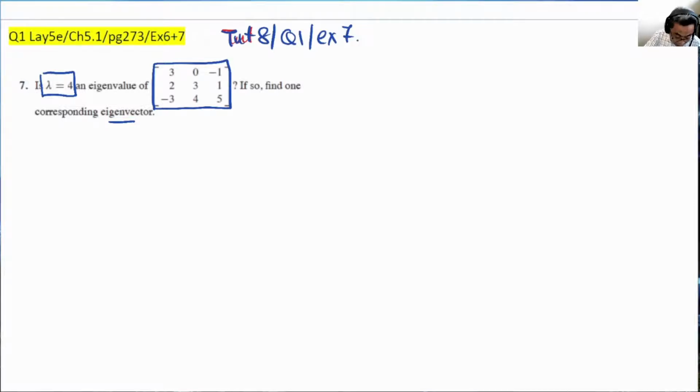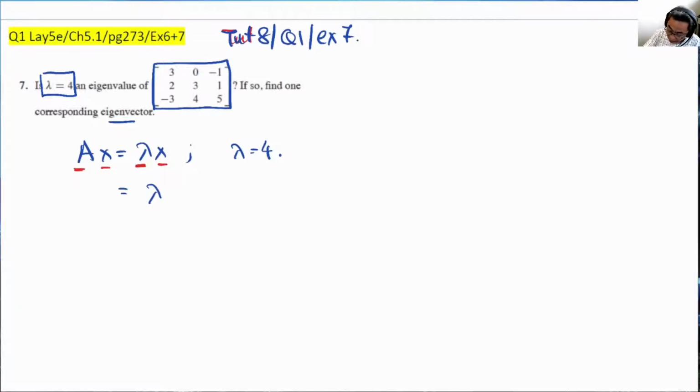We begin with the equation Ax equals lambda x, and we are given that lambda equals 4 is an eigenvalue. Now we're going to convert the right hand side into matrix notation, because currently the right hand side is a scalar multiplying a vector, while the left hand side is a matrix multiplying a vector.